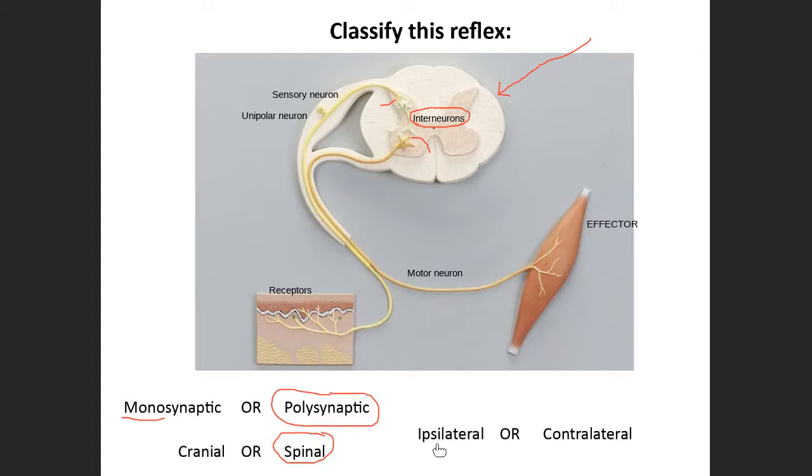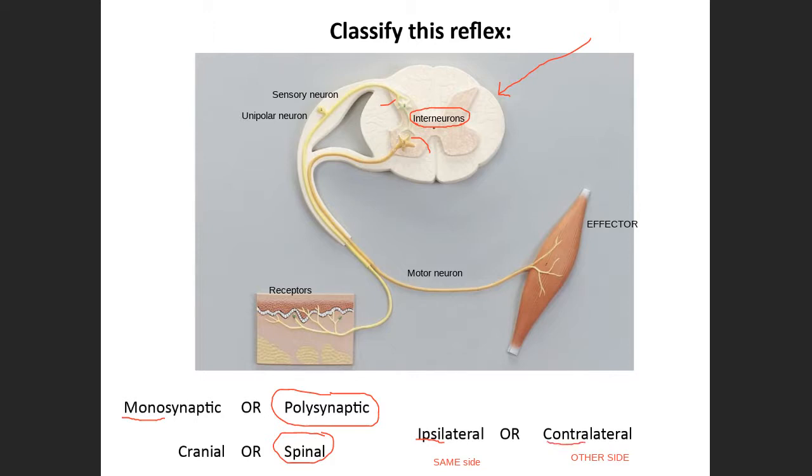Yeah, ipsilateral. This ipsi part here at the beginning, that means that we're on the same side. If I talk about contralateral, that means we're on the other side, contra being opposed to or opposite.